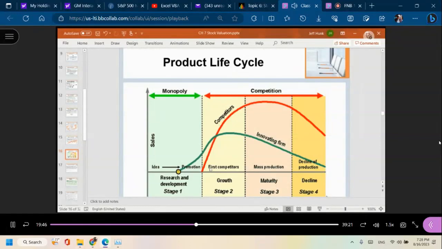And then the slope of this red curve is getting flatter as time goes on.